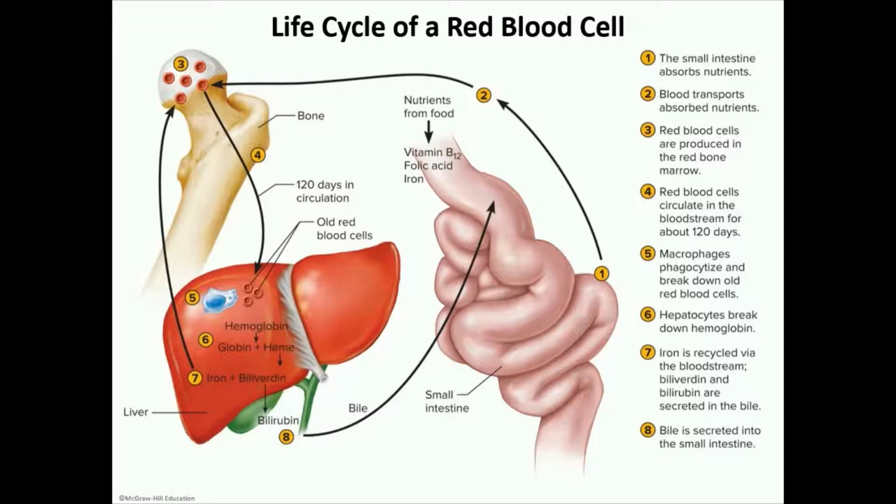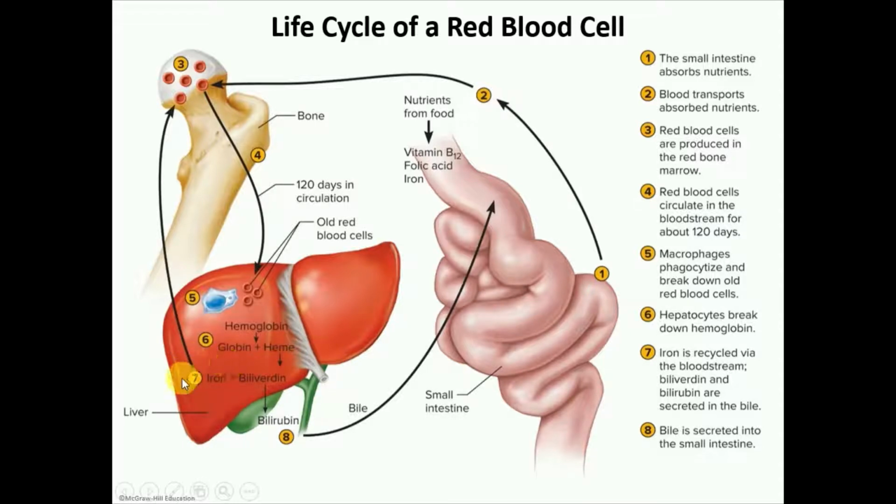I know we've mentioned this several times, but the body is a very conservative being, and it likes to recycle things if it can. So the hepatocytes will break down hemoglobin into heme and globin. Globin is the protein part. So globin will break down into amino acids, and then the body can reuse those amino acids for whatever it needs. While the heme part breaks down into iron and biliverdin.